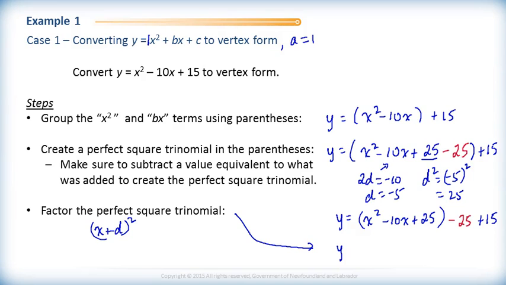So our d value in this case is -5. So it's x minus 5 squared. And we just add the -25 and 15 that are outside to get -10.